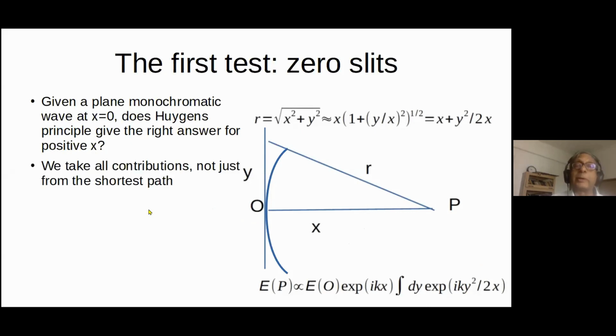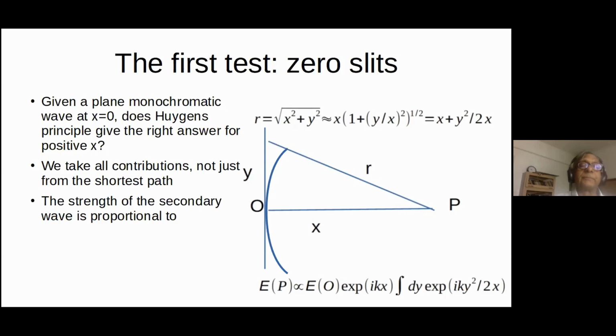So we take all contributions. This is what is called Huygens principle, not Huygens construction. Huygens construction takes only one contribution from O, but now we take all contributions. And what is going to be the strength of the secondary wave? So e to the ikr.